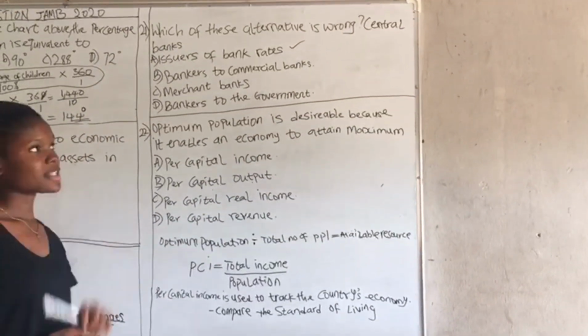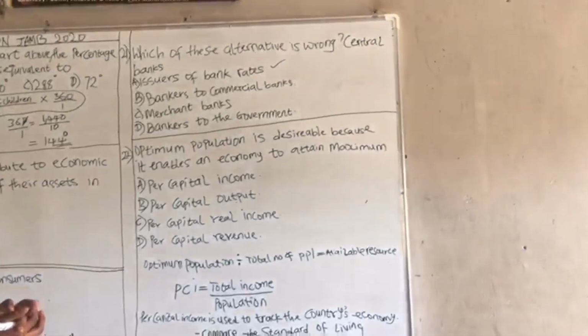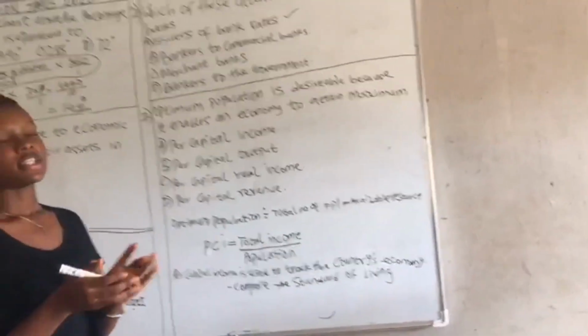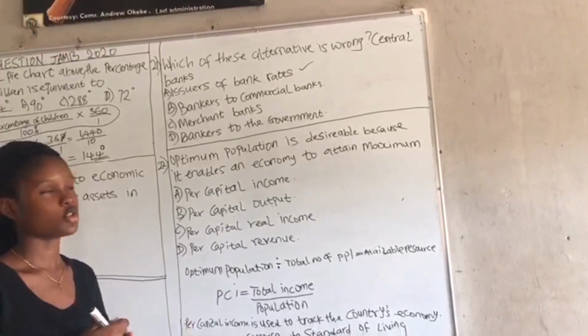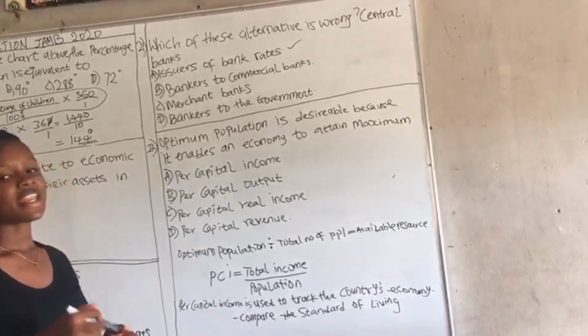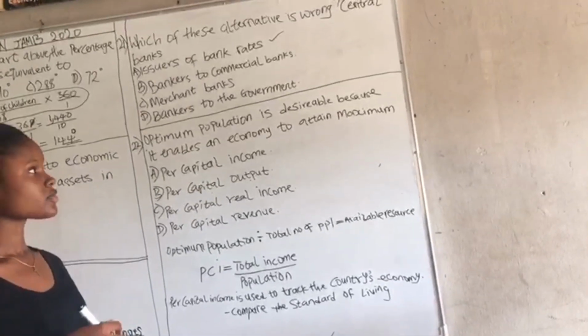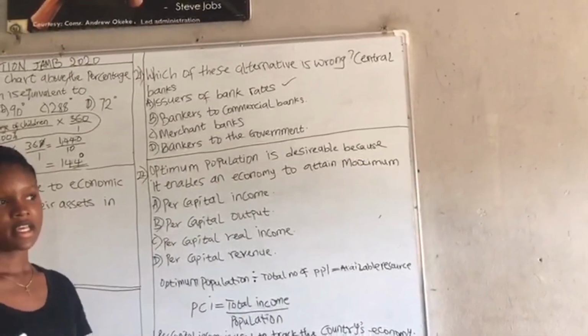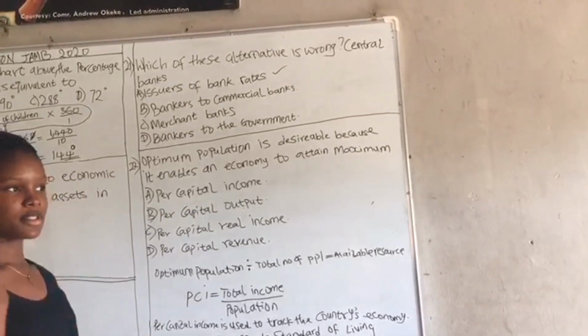So merchant bank is totally different from the central bank. Merchant banks are financial institutions charged with financing investment in the country. They can also finance a business. They can also help businessmen to boost their business.